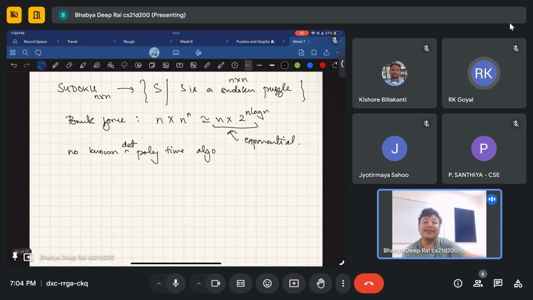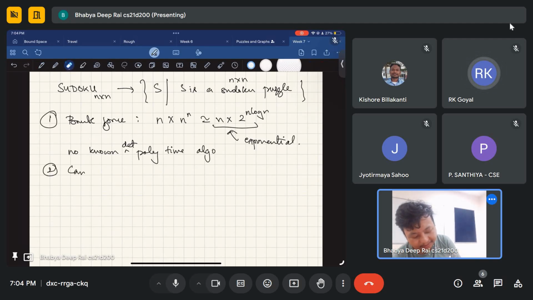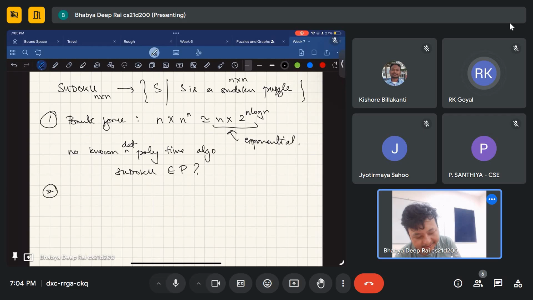Now, can its solution be verified? So Sudoku is in P is still not known, and is its solution efficiently verifiable?